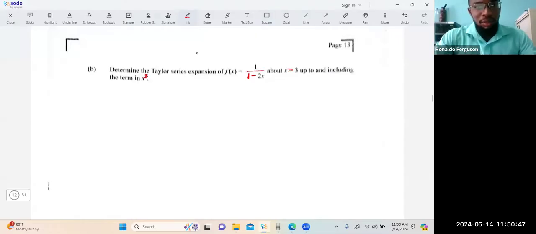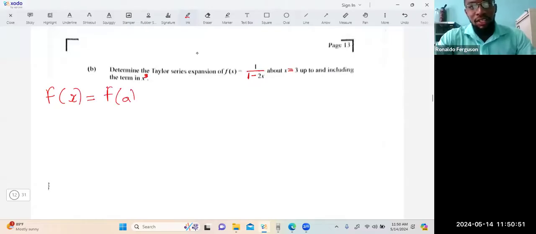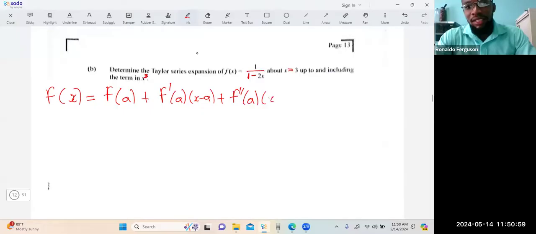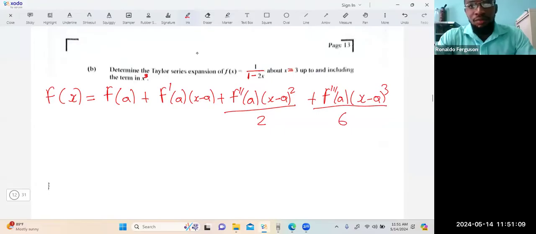Right, so just to remember the formula for Taylor series, f of x is f of a plus f prime of a times x minus a plus f double prime of a times x minus a squared over 2 plus f triple prime of a times x minus a cubed over 6.